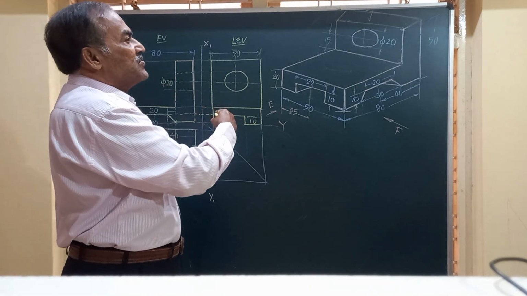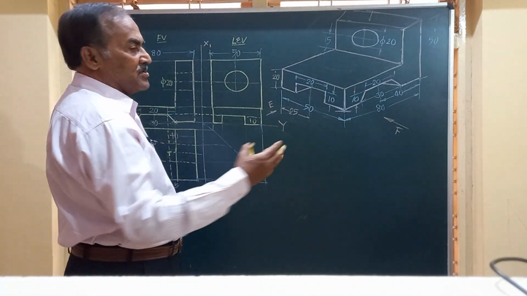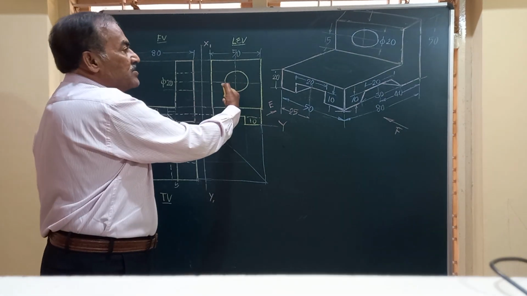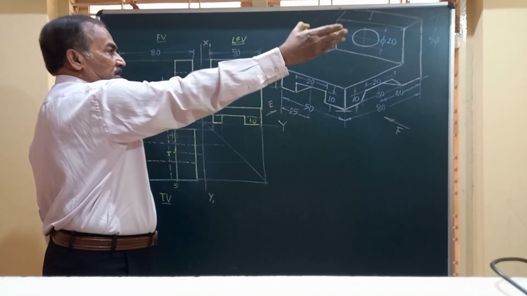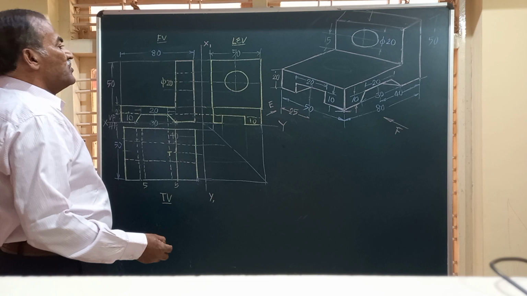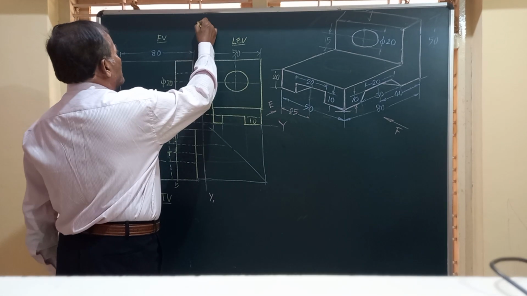And this profile view is obtained on the right profile plane, RPP. RPP is the wall which is perpendicular to this VP, which comes to your right side. Means RPP is to your right. Friends, this is how we obtain the orthographic projection.